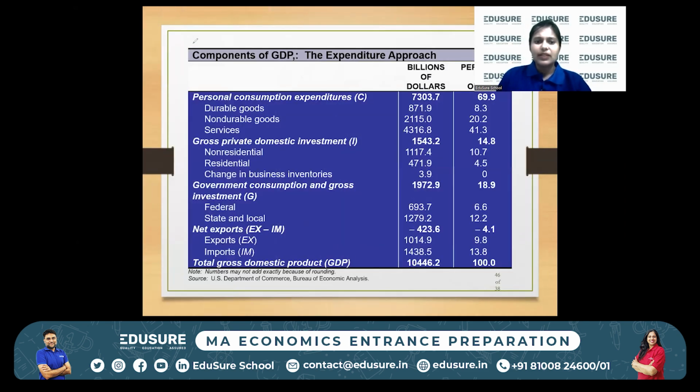This is another example of a question: private consumption expenditure on durables, non-durables and services, gross private domestic investment in non-residential, residential and change in business inventories, government expenditure, whether federal or state, and net exports, where only imports are to be subtracted. All of them added together will give GDP. You can check that also.